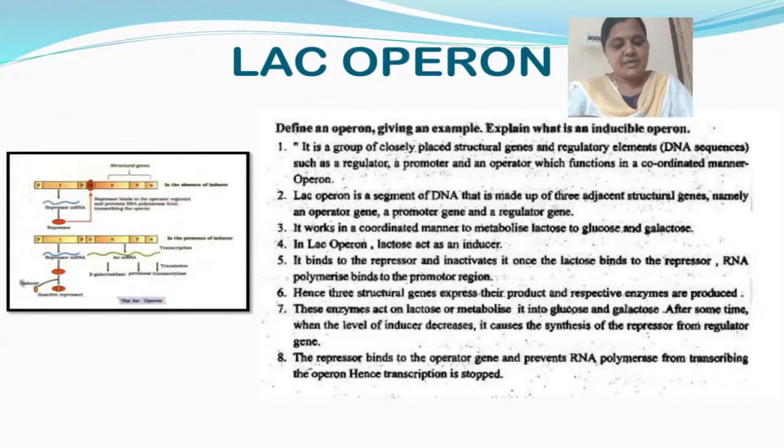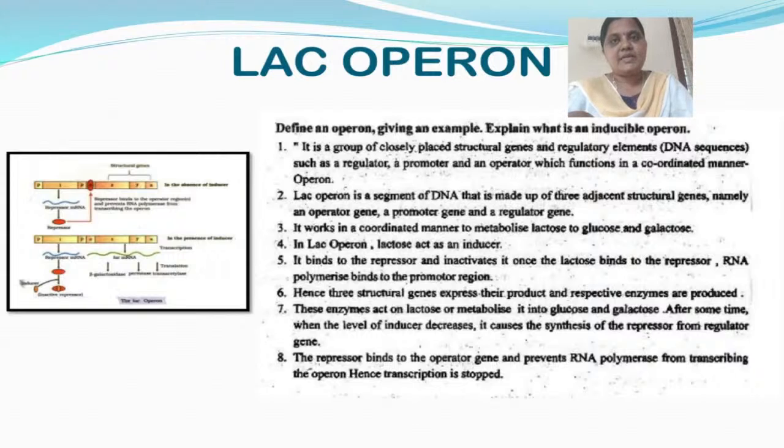In the presence of inducer, transcription and translation occur, and this lac mRNA gives rise to three products: beta galactosidase, permease, and transacetylase. So this is the diagram for the lac operon.